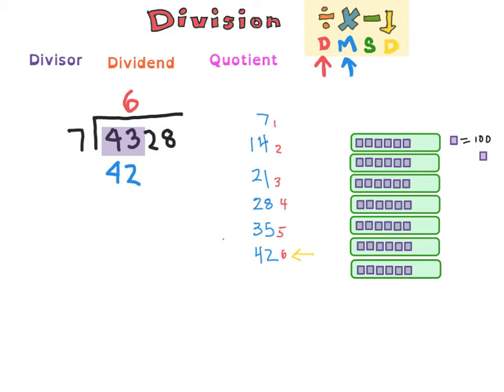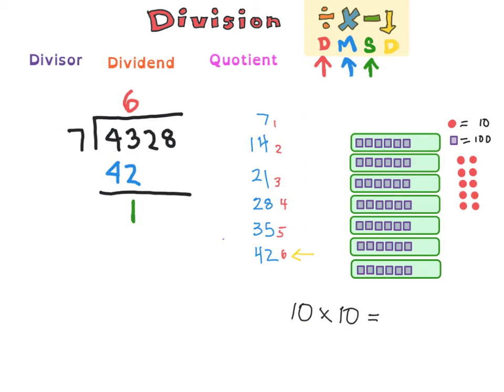How many groups of 10 do I have? Looking inside my warehouse, I see I have one group of 100. I had 4,300. I subtracted 4,200, and there is 100 left. And that is the same as 10 groups of 10.